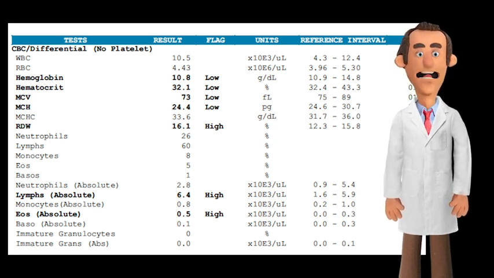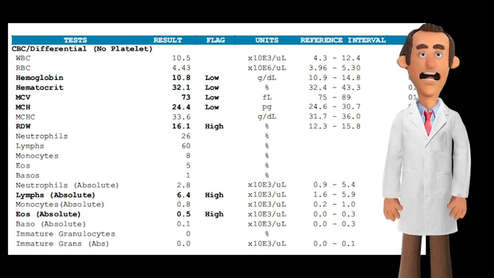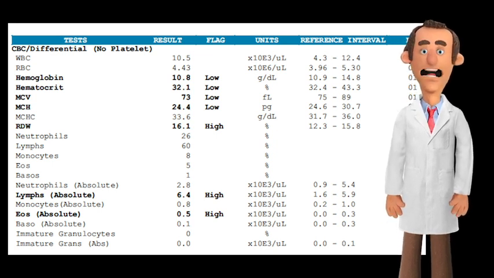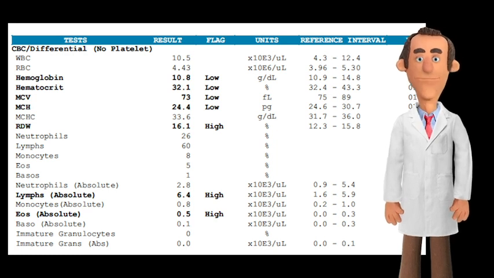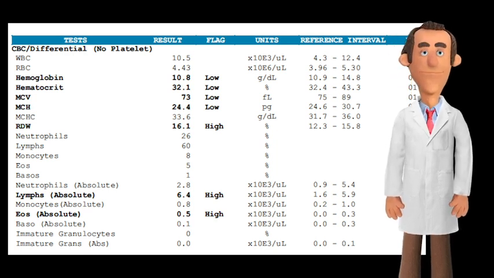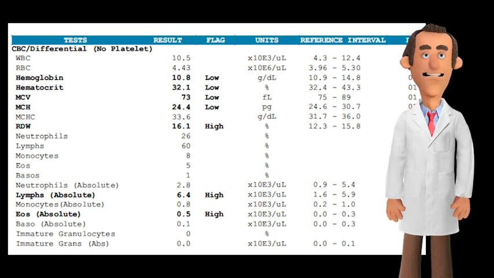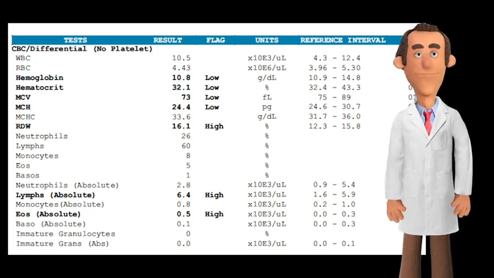The RDW coming down is a little bit elevated, which means that either there is a mixed anemia here, or probably more likely what is occurring is that the body is responding to that anemic situation and is releasing more reticulocytes, or baby red blood cells that are large.